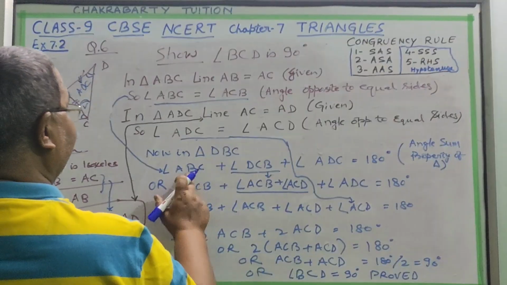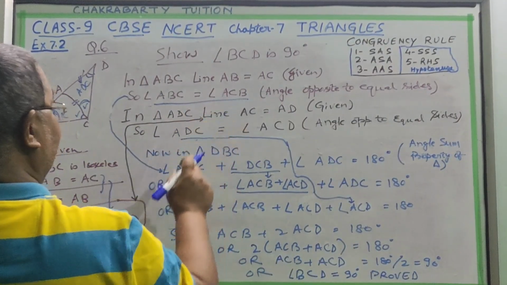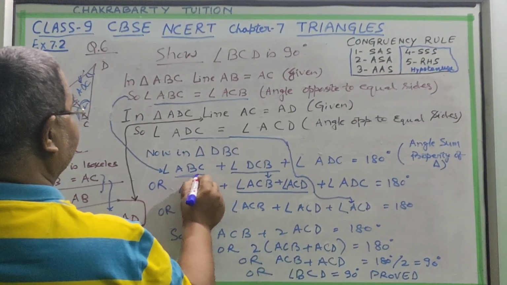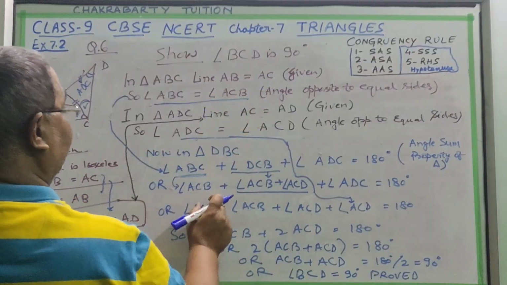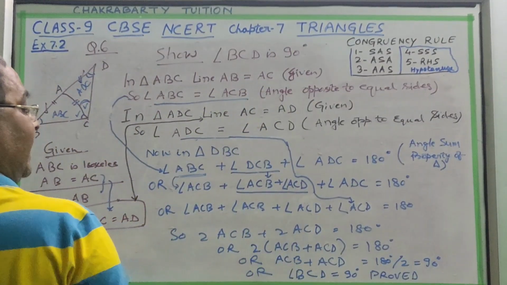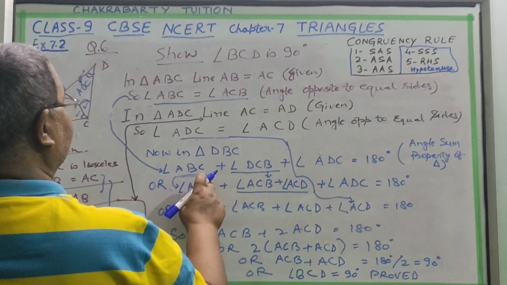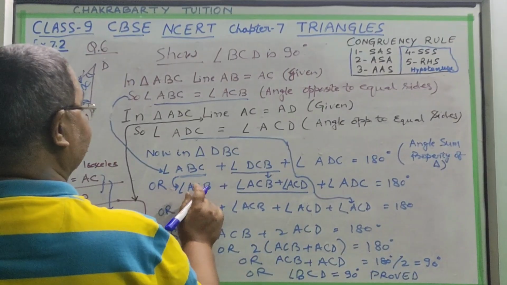Or, we can write ABC is equal to ACB. So in place of ABC we can write ACB also. Okay, because we have to prove a 90 degree angle, that's why we are doing this. We have treated ABC as ACB.